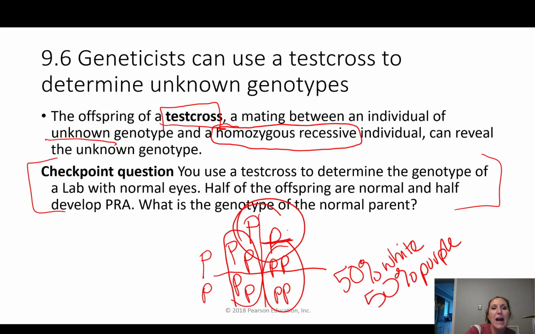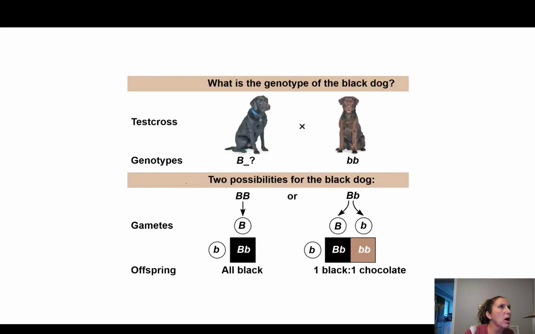So now we're going to look at one more monohybrid cross before we finish the video. So this is an unknown. We don't know the genotype of this black dog. He could either be heterozygous or he could be homozygous dominant.